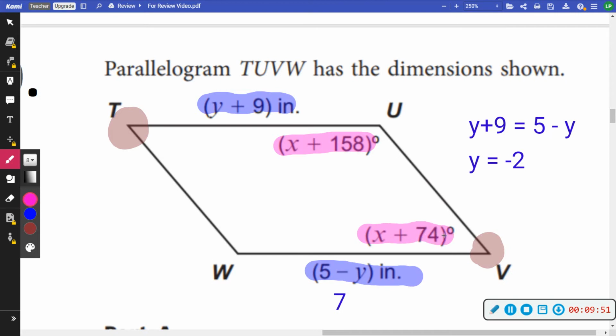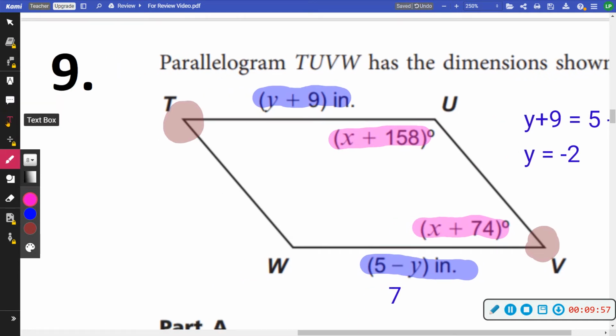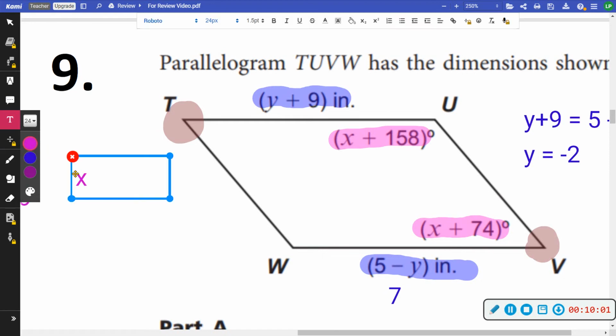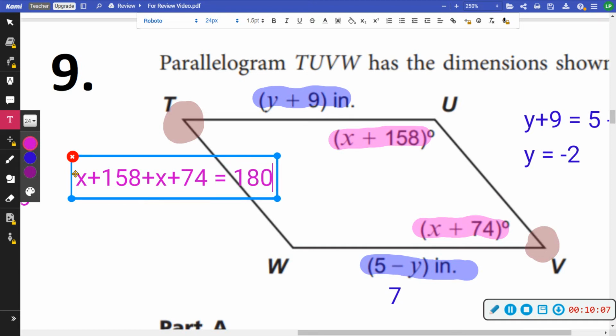Now these angles are what we call consecutive in a parallelogram. So in a parallelogram, consecutive angles are supplementary. So I could say that if you take those two angles, add them together, you get 180.